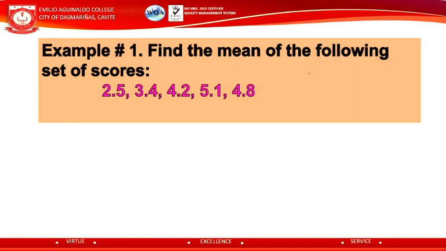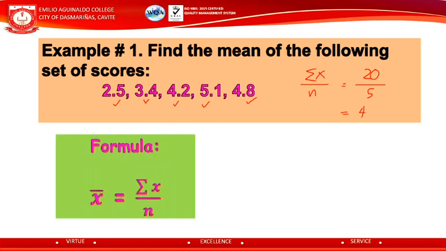Just like what we have done earlier, we are going to find the summation of the values of x and then divide it by the total number of observations. If we add them all together, the summation of x will be equal to 20, and then the number of observations is 1, 2, 3, 4, and 5. So that is 20 divided by 5, which gives us 4. So 4 will be our mean for example number 1.